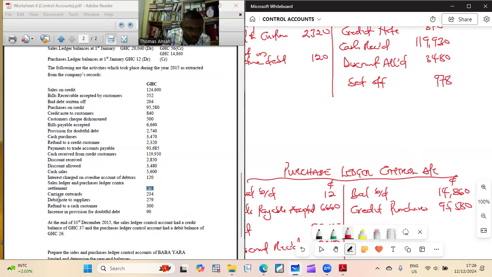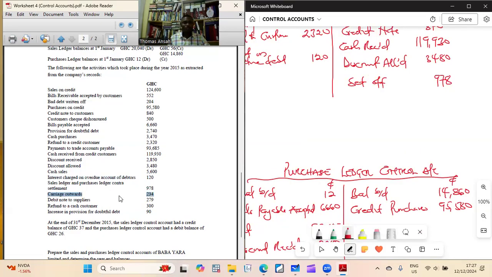All right. And this one is carriage outwards. Do you know what a carriage outwards is? It's not a return outward, it's a carriage outward. So basically, normally, it's another form of expenses. So we have the carriage inwards, that you go and buy something, and when you are bringing it home, you incur that cost.